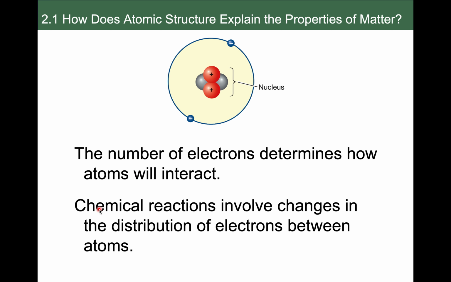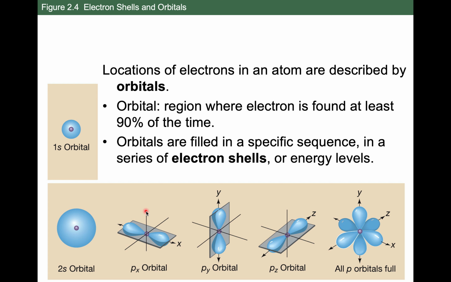So really, in a nutshell, all chemical reactions involve changes in distribution of electrons between those atoms. So either atoms are sharing electrons with each other, or one is stealing electrons from another. And I'll show you some examples of these different ideas.